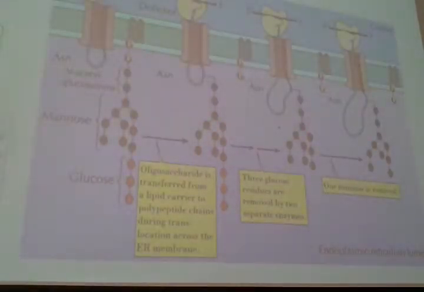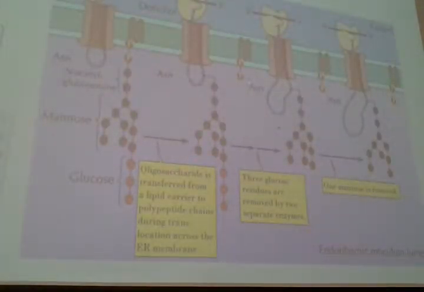We pick up some sugars, and these two are both about correct folding of the protein inside the rough ER, either through the help of protein disulfide isomerase and/or these chaperone types of proteins. So hopefully all the stuff that's going through the ER is going to fold properly, and the ones that need sugars will pick those up as well.